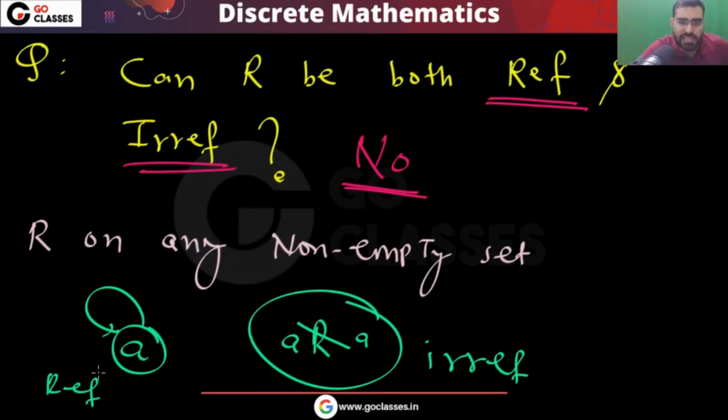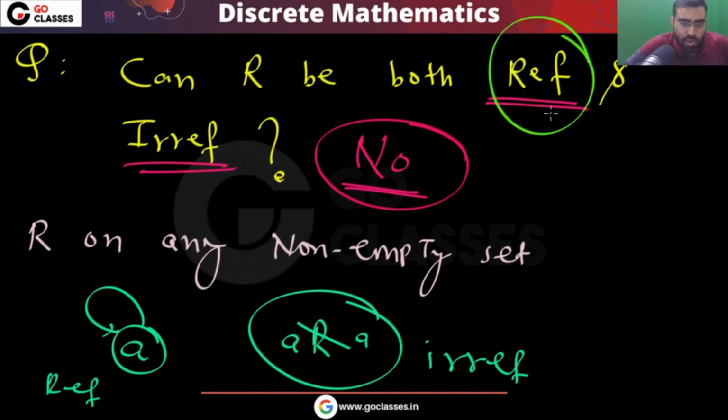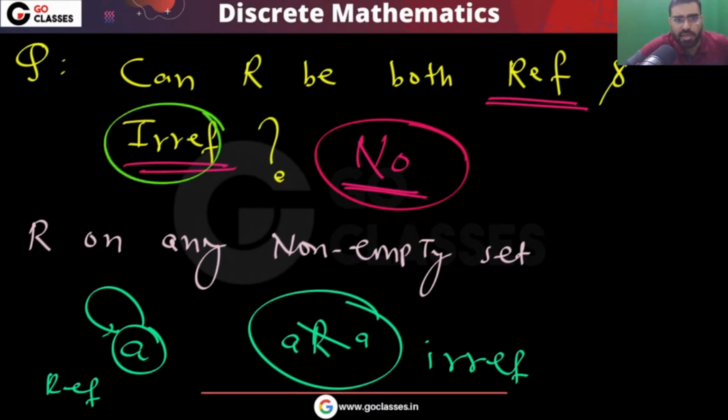So you can easily see that this is not possible, because reflexive means everyone is related to itself, and irreflexive means no one is related to itself.